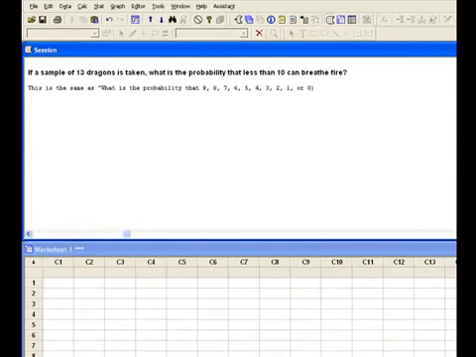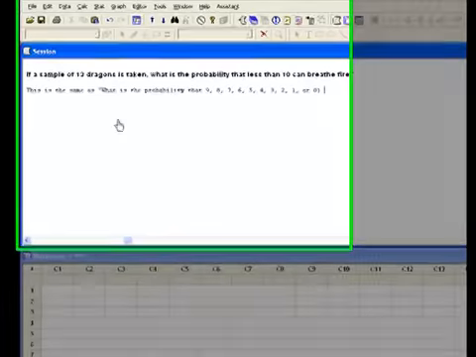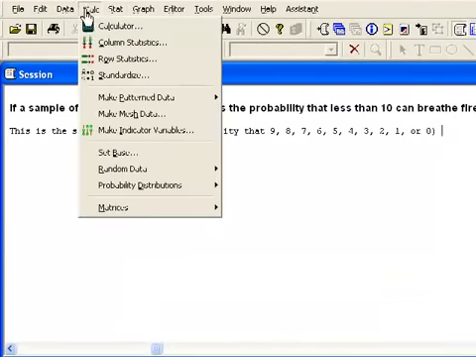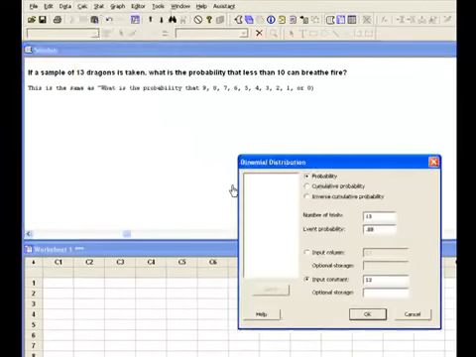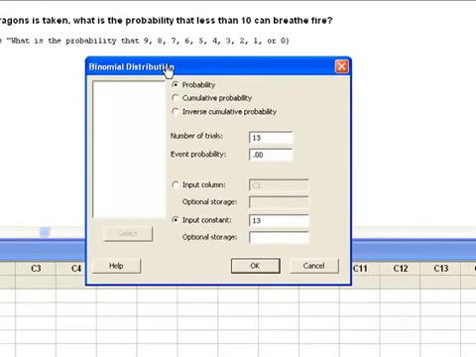So I'm going to solve for the probability that less than or equal to 9 can breathe fire. So I'm going back to Calc, Probability Distributions, Binomial, and now I'm going back to a cumulative probability because I'm solving for more than one number.